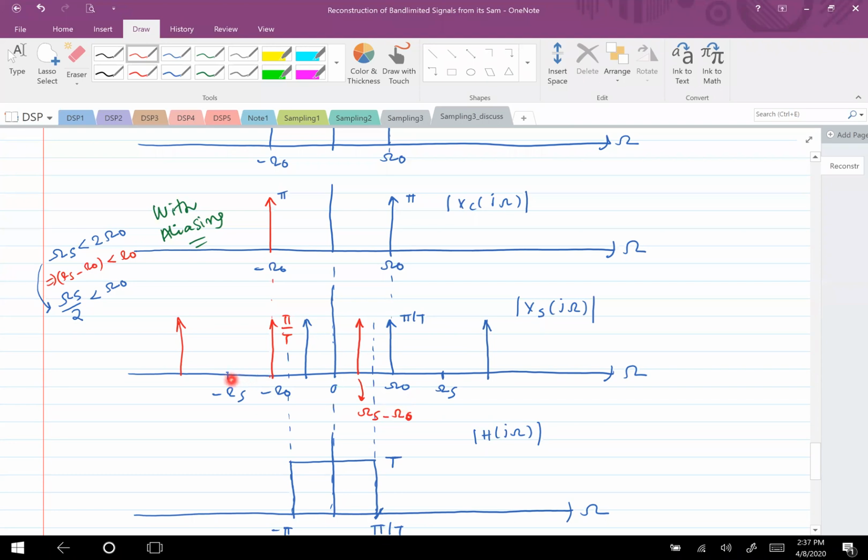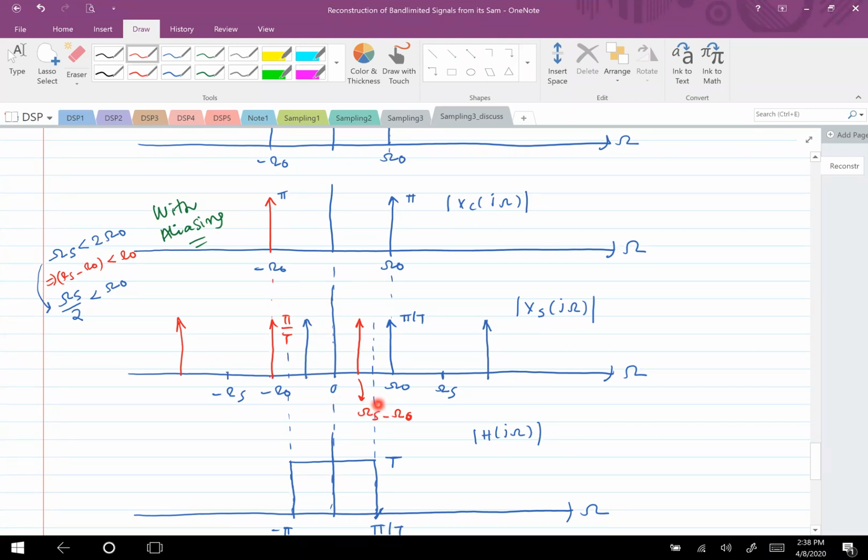Similarly, one copy on the left hand side, again at minus omega s. By the same logic, the right side copy of this whole thing, this pi by T, we are placing here. So the left side copy would come here, which is at minus of omega s minus omega naught.